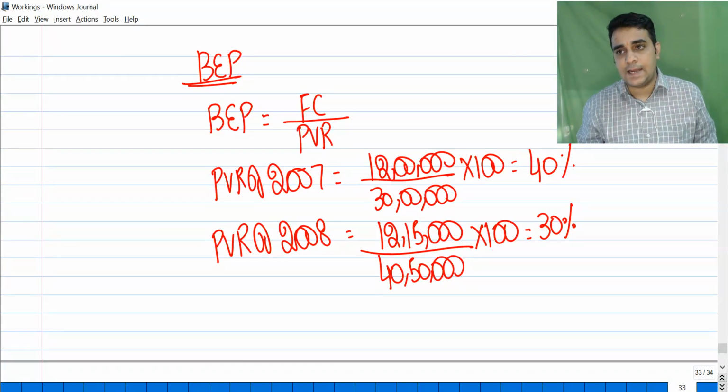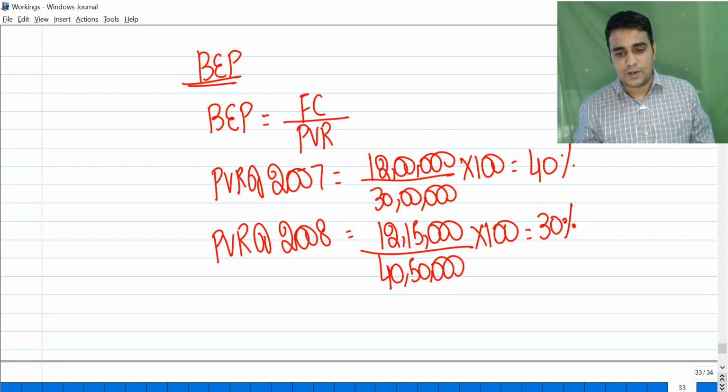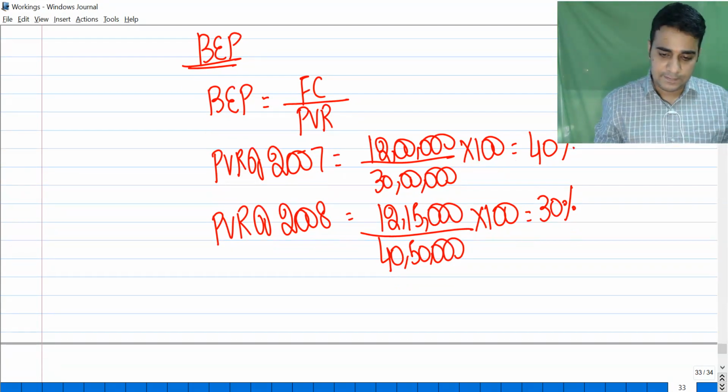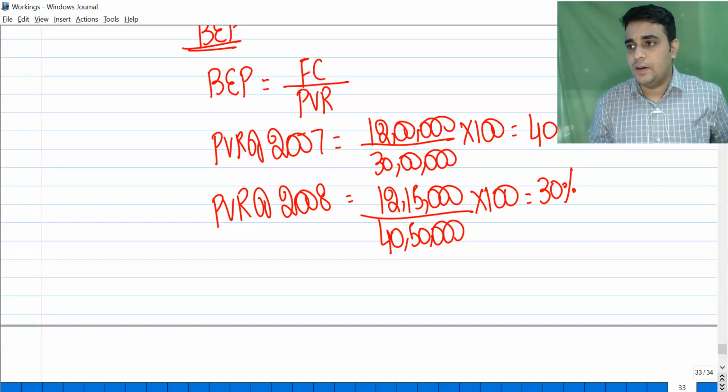PVR is 40% and 30%. You know the fixed cost, so you will calculate the break even point.